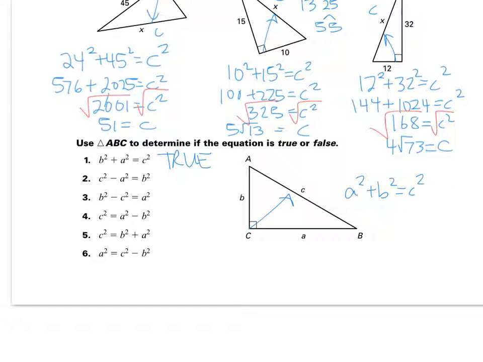If I move the a squared to the other side, this would be true. C squared is always the biggest number, so this would be false. And if I make the b squared go over to the other side, that would be true also.